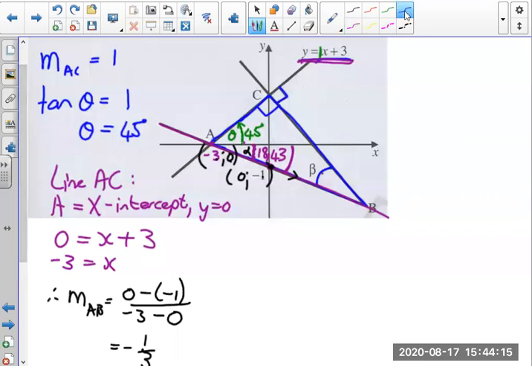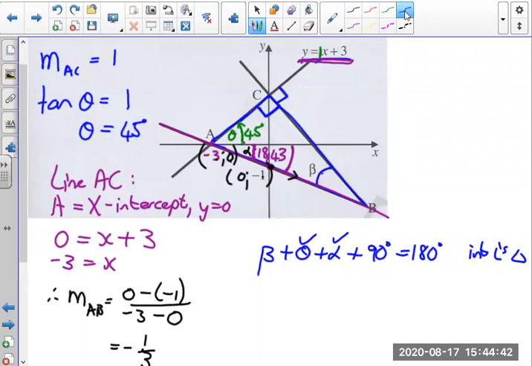Now I can calculate beta, because beta plus theta plus alpha plus this 90 degrees must give me 180 degrees, because of the sum of the interior angles of a triangle. I have theta because I calculated it. I have alpha because I calculated it.